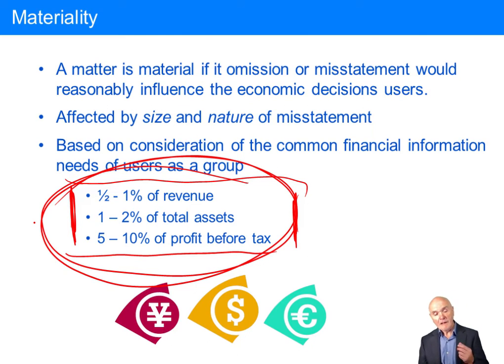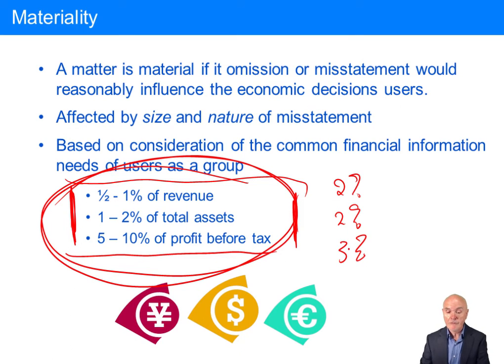Now, you could have these indications of materiality, but what would happen if I found an error which was, say, let's take it on profit here, an error which was kind of 2% of profit, and goodness me, another error which is 2% of profit, and maybe a third error which was 3% of profit.